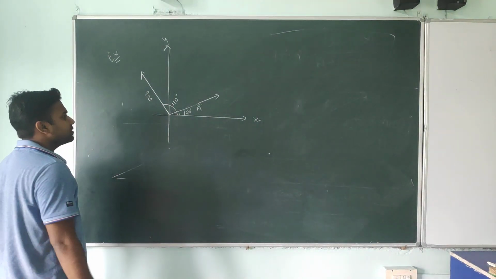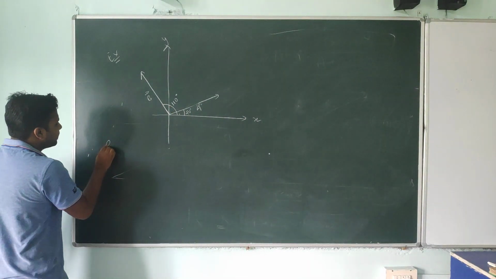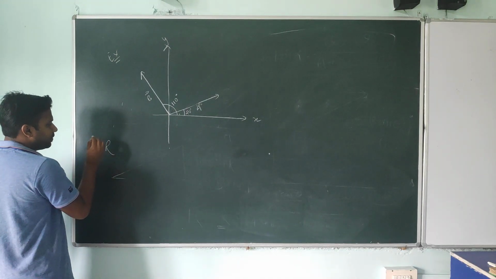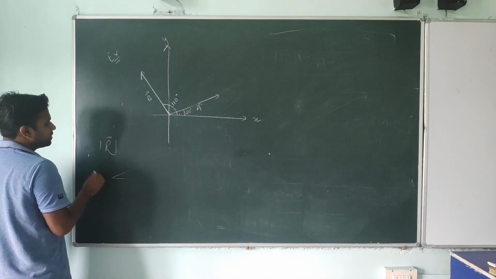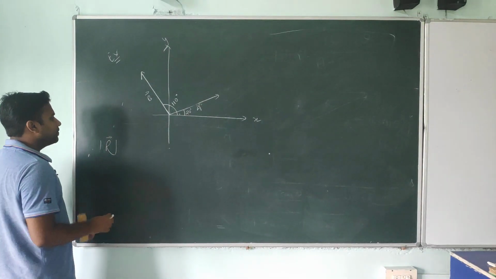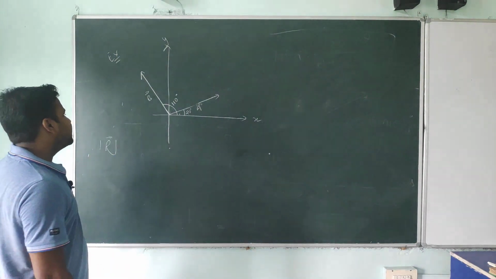Now what you have to find, student, is the resultant vector. This is AB. You have to find the magnitude of this R vector, the resultant vector, and the alpha angle also.